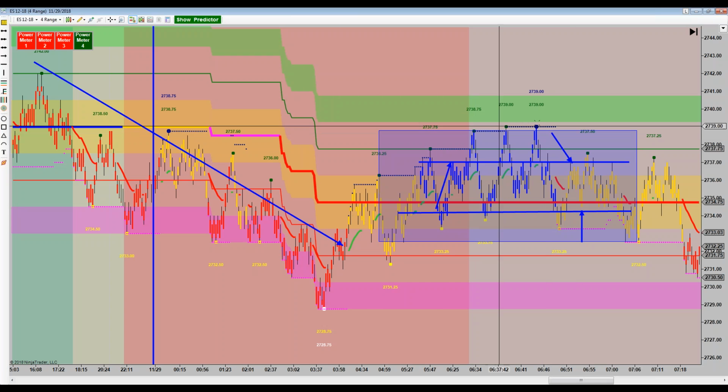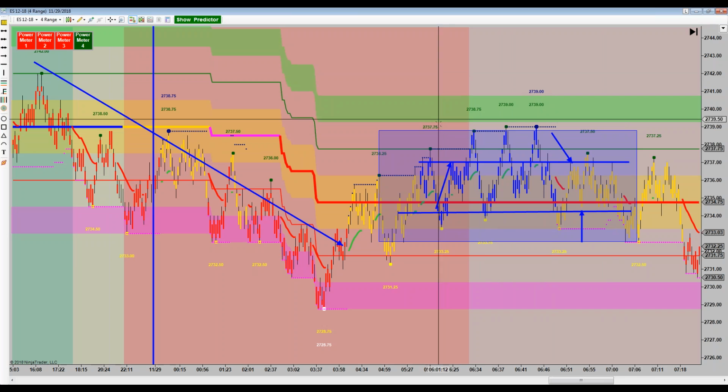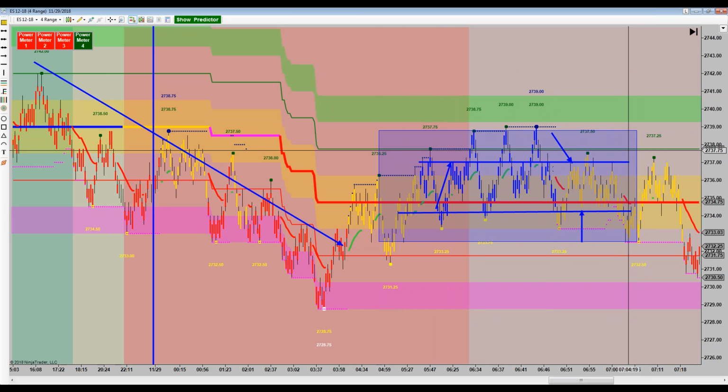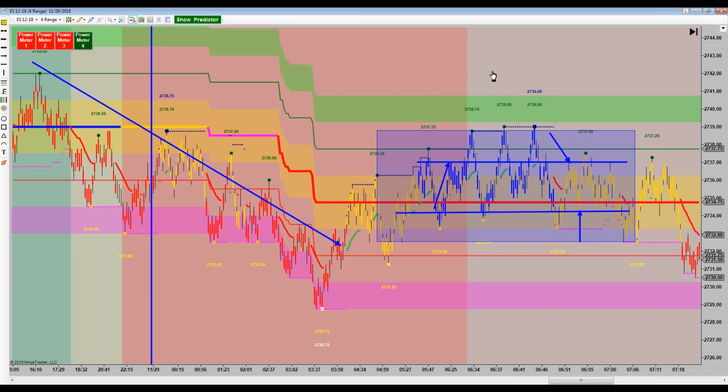If you're going to say I don't want to look at ranges, and you find that ES was in a range from basically 5 o'clock in the morning all the way till 7, 2 hours, then you wrote all ES off for 2 hours. Basically, that's how that works. And there's not a problem with that. It's just you're going to have to find yourself something else to trade. All right, moving on. Let's look at the rest of the day on ES, and let's look at some trades that might have worked out and some trades that maybe didn't.